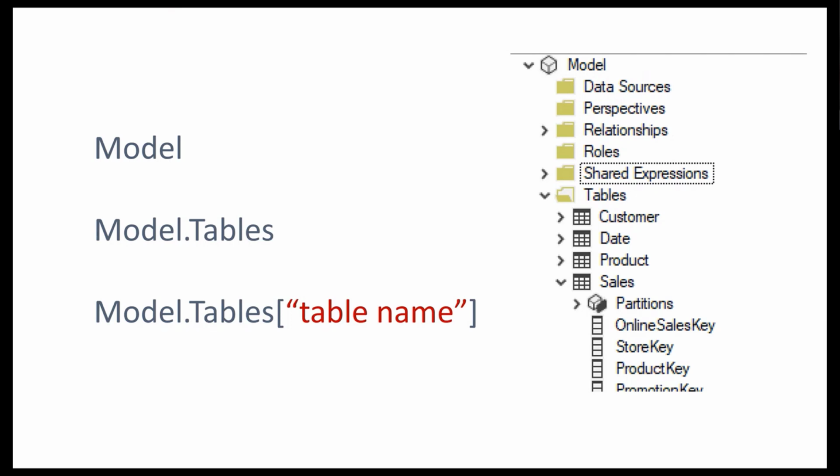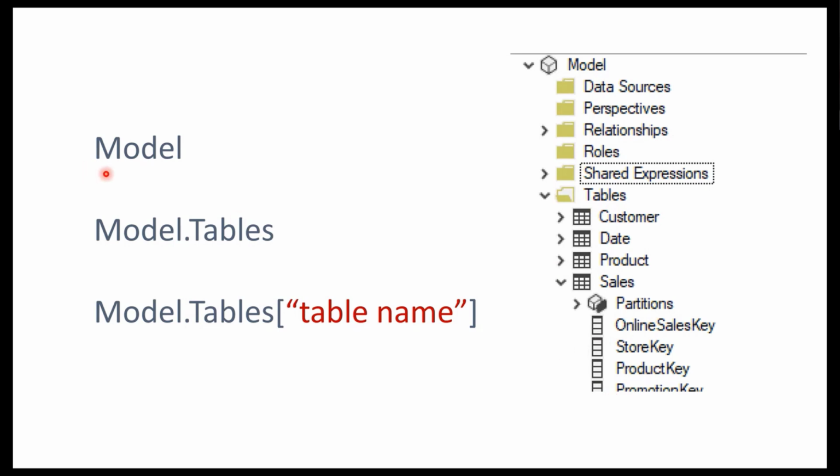We have here the object model. It's very hierarchical, like a tree. You have the model, then we have tables. In the tables, you have columns, and so on.